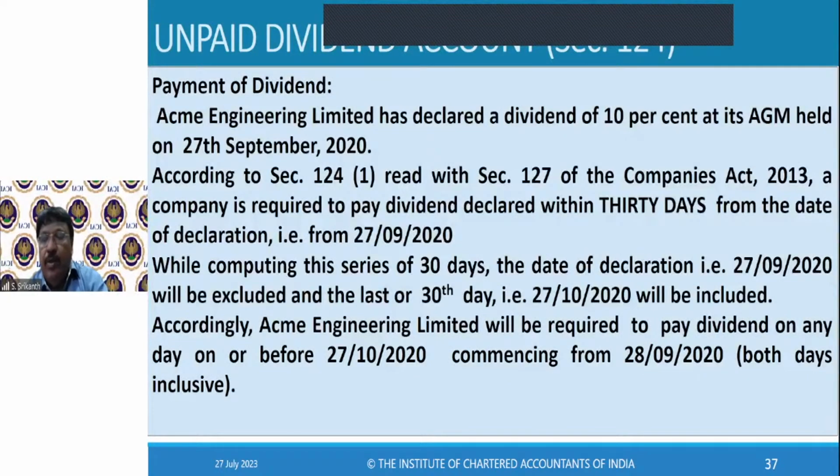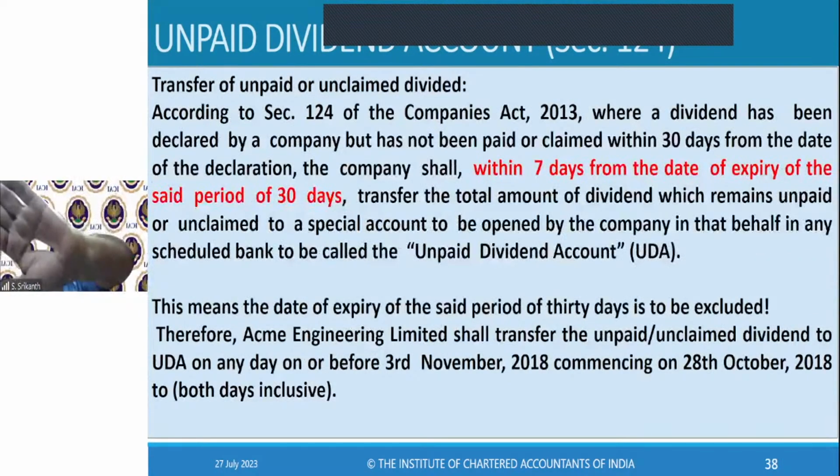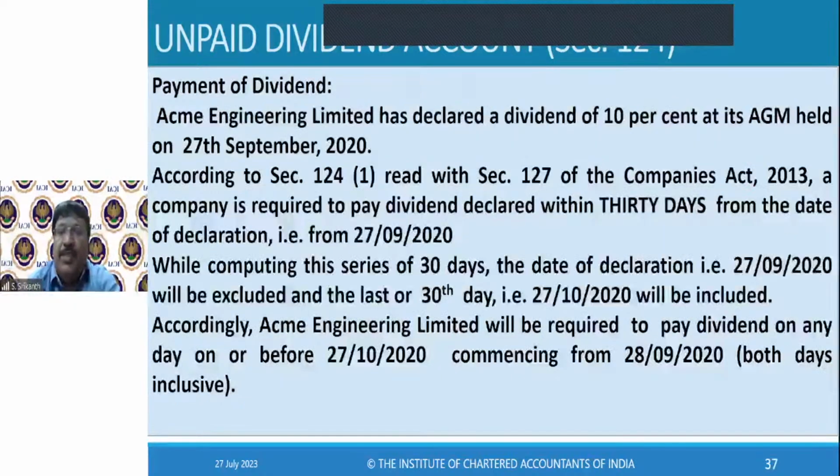So you should ignore it and start from 28th October and count 7 days. 28 means 28, 29, 30, 31, 1, 2, 3, 3rd November. That is how we get it. Bhumika ji, have you got the point? The 28th October that you were given is wrong. It should be 27th October.